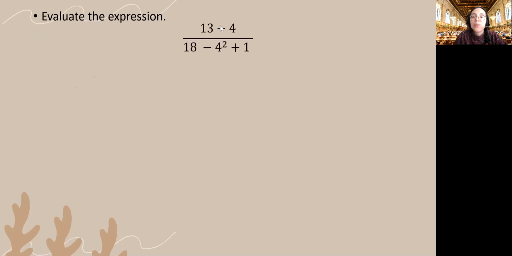And now we're going to work with fraction bars. So exciting. Okay, so we're asked to evaluate this expression using our order of operations. So I'm going to write this down. PEMDAS. Parentheses, evaluating powers, multiplication or division, addition, subtraction.